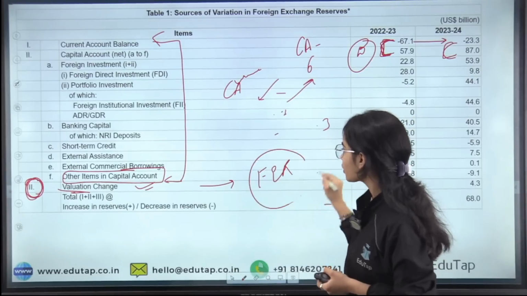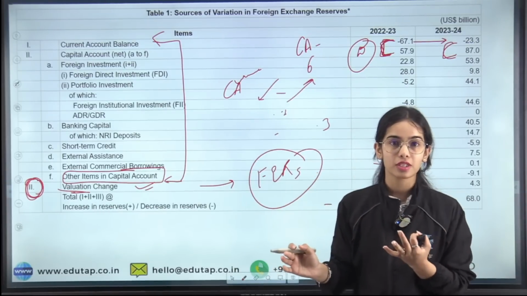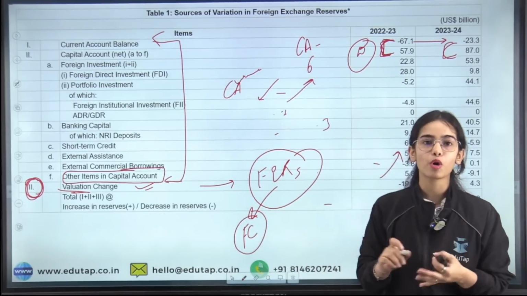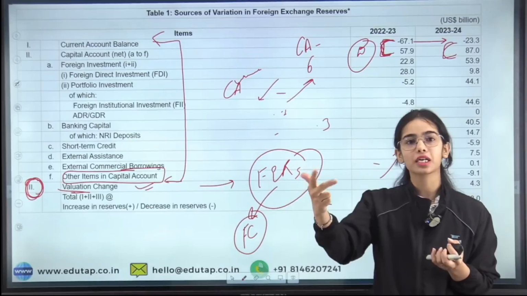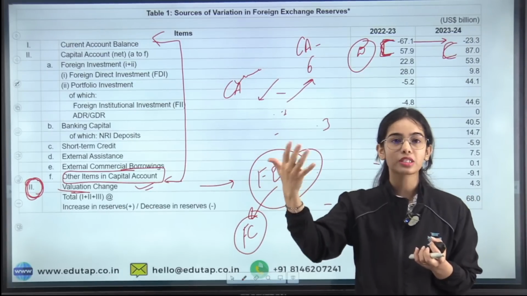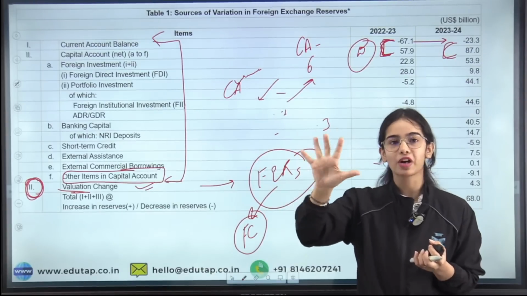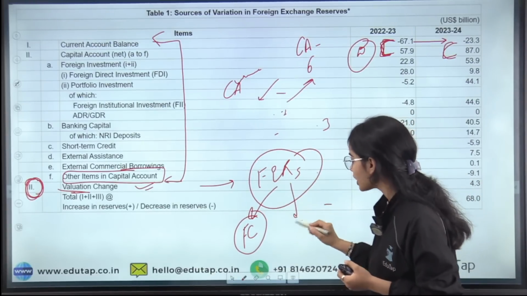Do you know what the foreign exchange reserves consist of? The RBI keeps foreign currency in the form of dollars, yen, yuan, pound sterling and euro. So the RBI keeps foreign currency assets in five currencies. The RBI is also keeping gold.